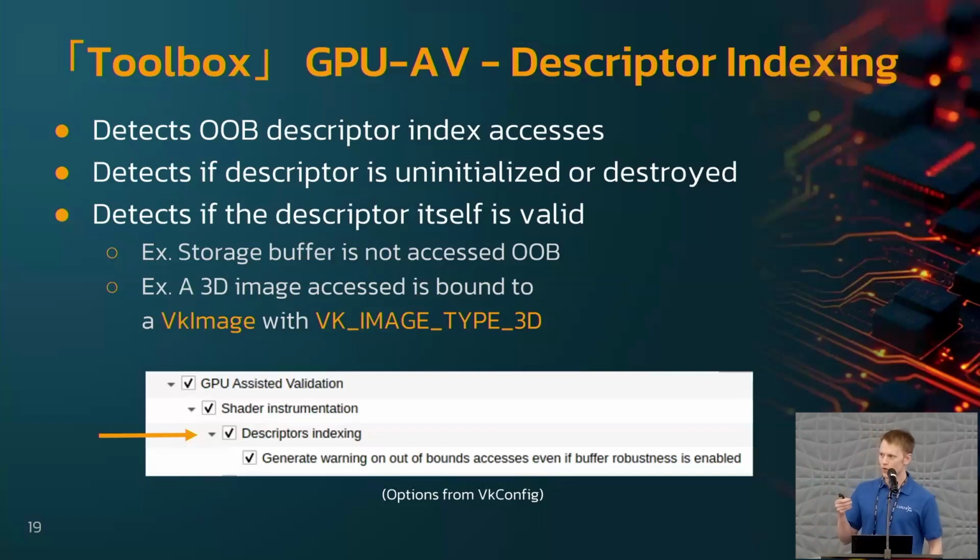But then you might, for example, have an array of 3D images and you index into one just to find out that it's been backed by a 2D image. So we don't know which image it is until you access it. And so that's, again, why we have to defer that work offline afterwards to post submit time. So that all gets done with the descriptor indexing checks.